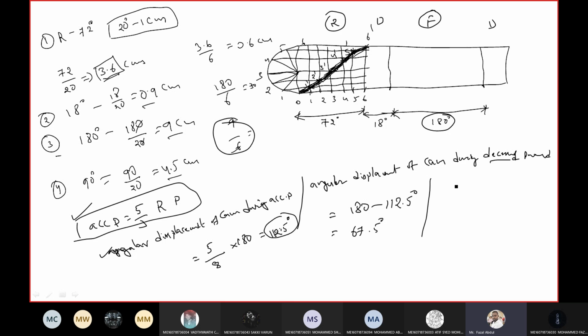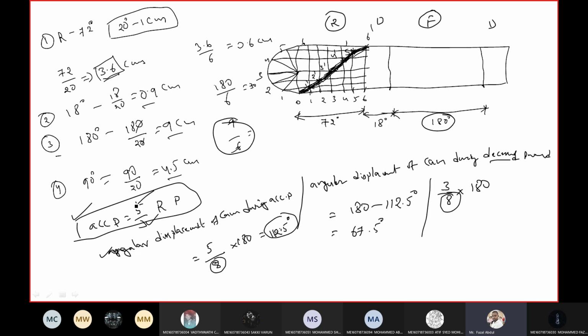Otherwise, we can also calculate like this. Here we took 5 by 8. Next time, we take 3 by 8 into 180 degrees. The first time is with the first value, the ascent value. The second time we calculate the descent value, taking the 3 value. And the bottom value, whatever you write here, add these two values, 5 plus 3.